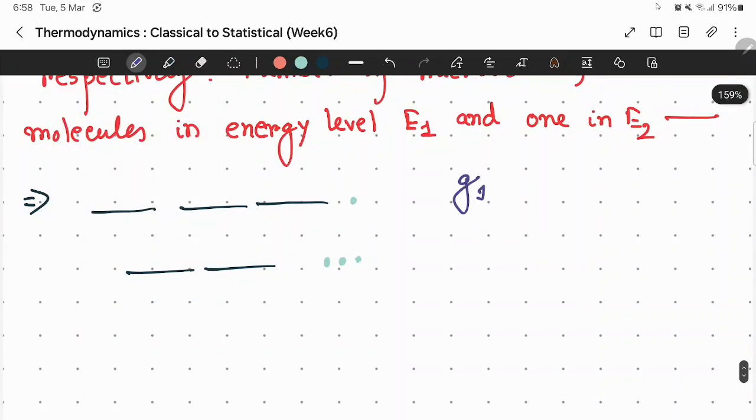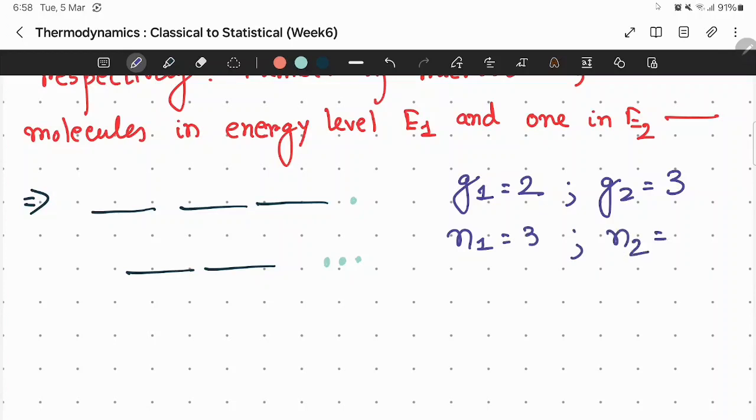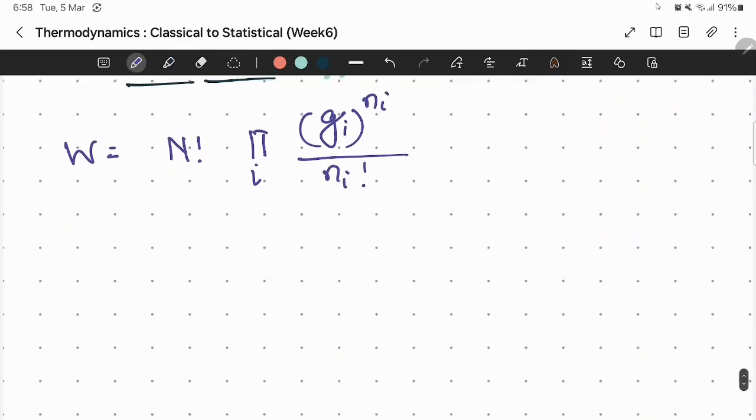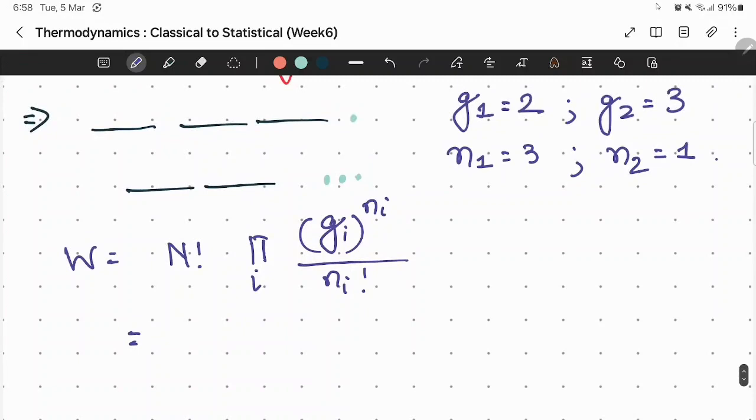G1 is 2, G2 is 3, N1 is 3, N2 is 1. So W will be N factorial times the product over Gi to the power Ni divided by Ni factorial. The total number of molecules is 4.